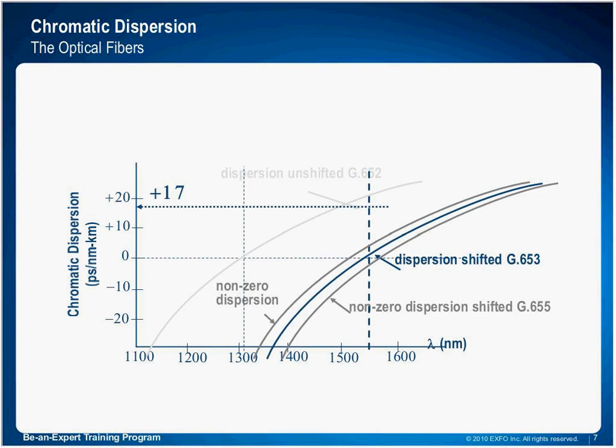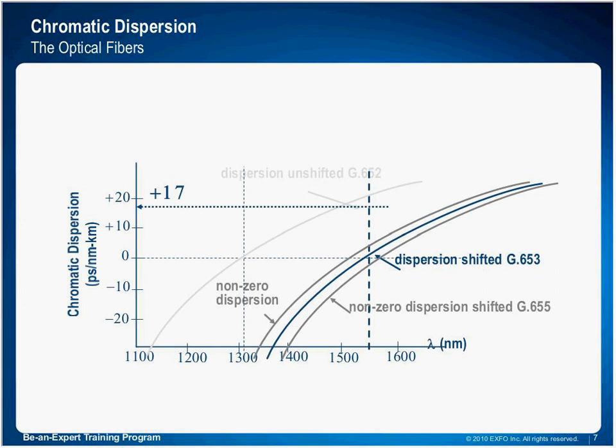Well, if we intersect 1550 nanometers with the curve of the G.652, we get a value that's roughly 17 picoseconds per nanometer kilometer. So for standard telecom fiber, this is approximately how much chromatic dispersion is going to accumulate for each kilometer of fiber. So if I have 10 kilometers of this fiber, I will accumulate roughly 170 picoseconds per nanometer of total dispersion.